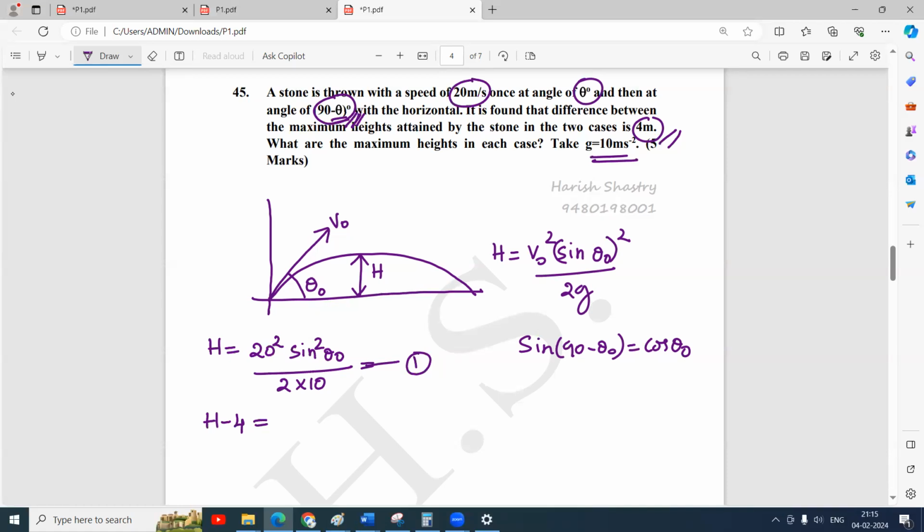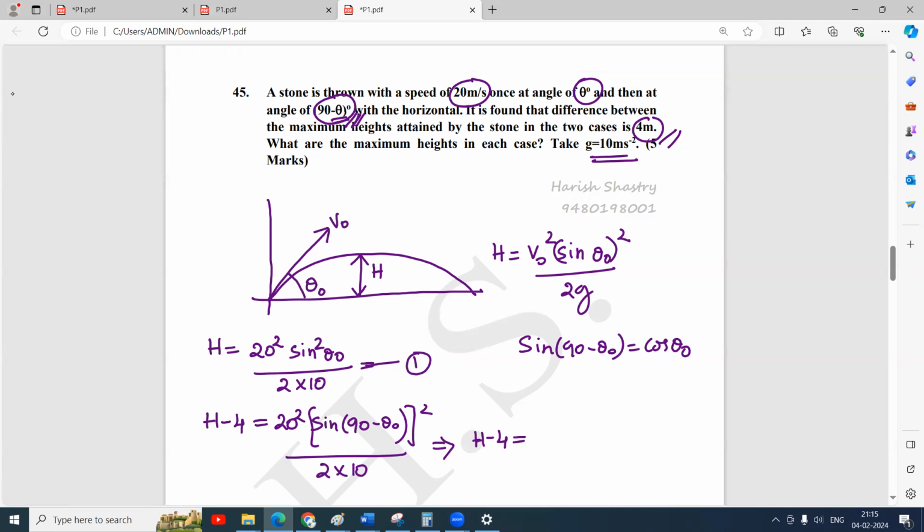Now, h minus 4 is equal to the same initial velocity square into sine 90 minus theta naught whole square, which is cos squared theta naught, by 2g, 2 into 10. They make a difference of 4 meters, that means if you subtract the final height and the initial height, you will get a difference of 4 meters.